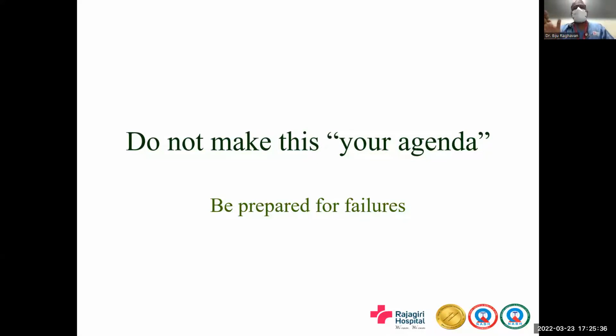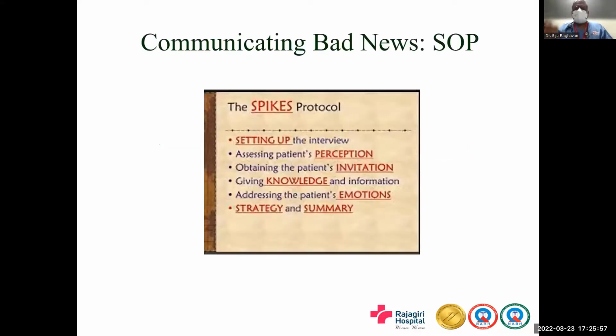So collusion management and failure go hand in hand. So don't worry if you have a family who does not agree. You try to do the best possible for the patient in all other possible ways. And often the family agrees, then you can proceed to communicate bad news to the patient.